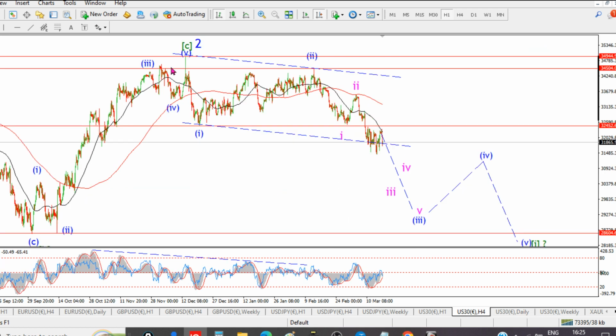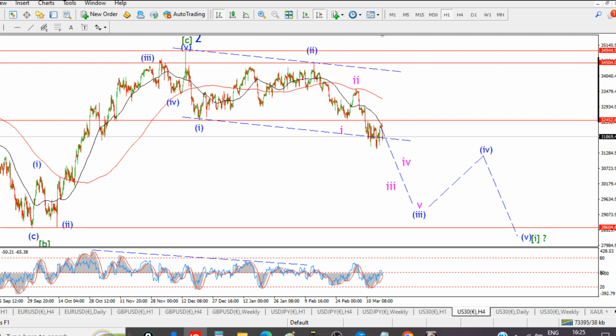If you get in the 4-hour count here, you can see that's the wave 2 high. We've got a wave 1 and 2, 1, 2, and then hopefully a third wave decline now developing in wave 3 of 3. And that would be leading our way down into wave 1 again.